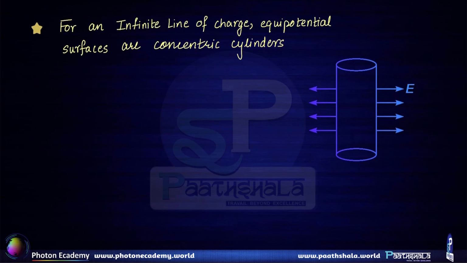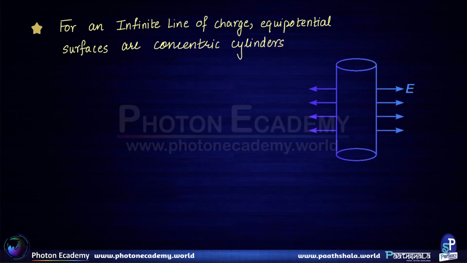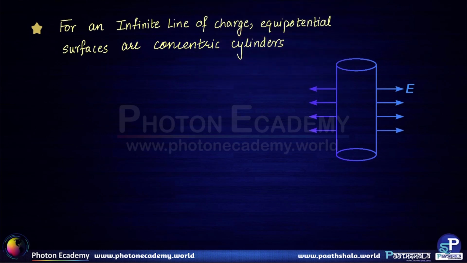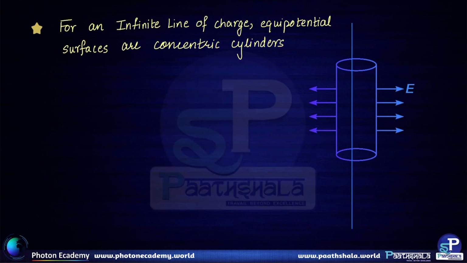For an infinite line of charge, equipotential surfaces are concentric cylinders. So let's say this is our infinite line of charge, then for this infinite line of charge, we are going to have concentric cylinders as the equipotential surfaces, and one such cylinder we have represented over here.